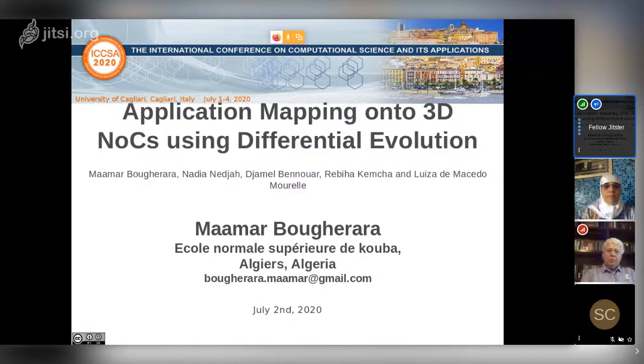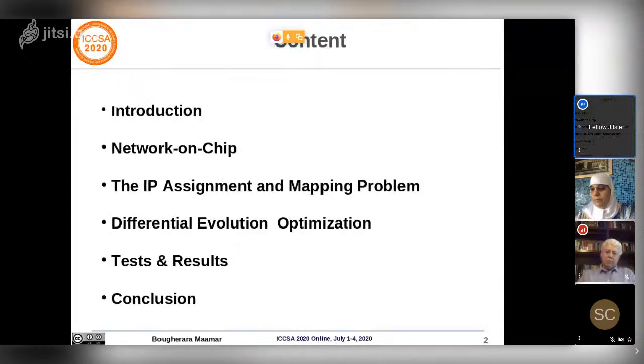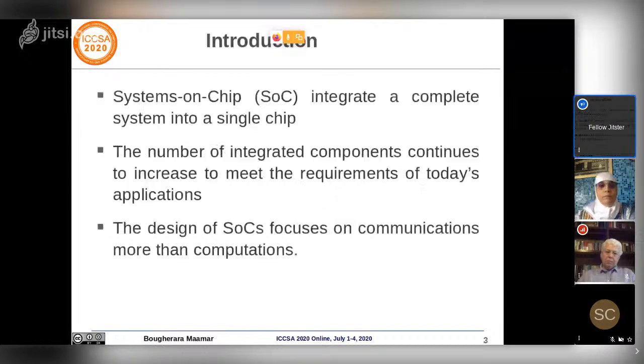My name is Boughrar Ma'mar. I want to present to you our work, titled Application Mapping onto 3D Network on Chip using Differential Evolution. This is the outline. System on chip integrates a complete system into a single chip.